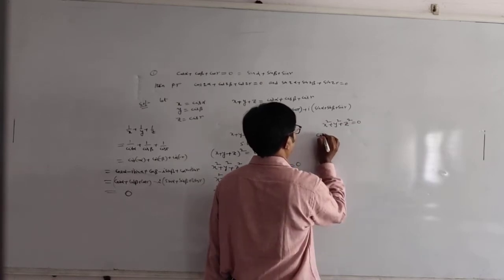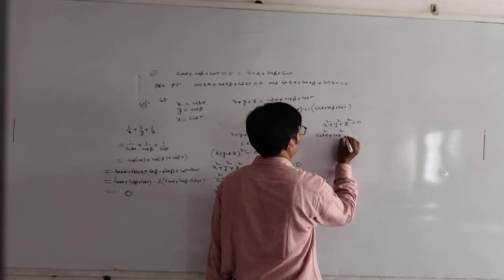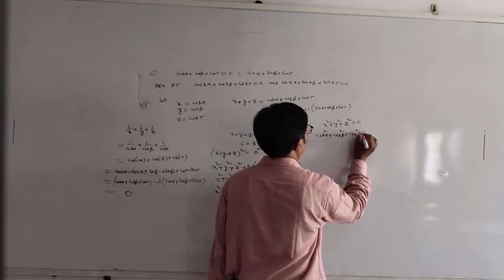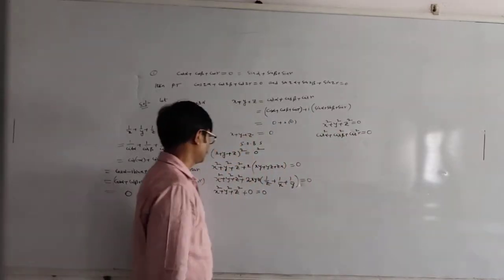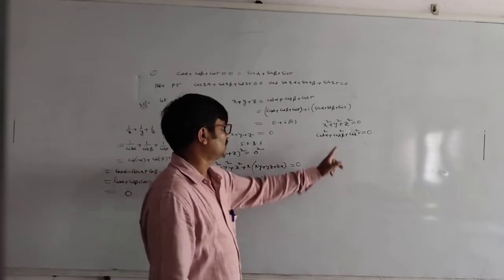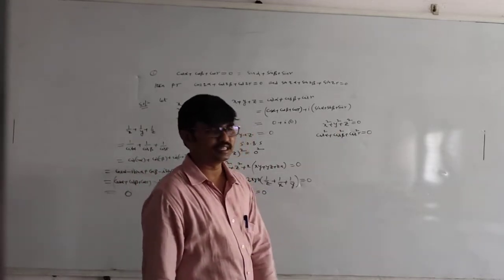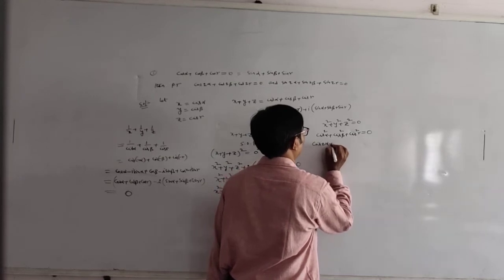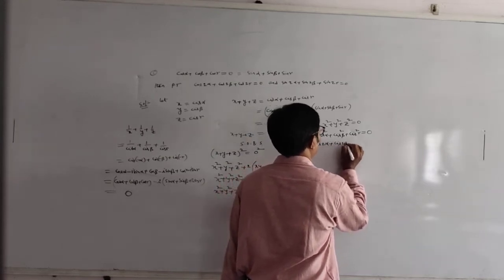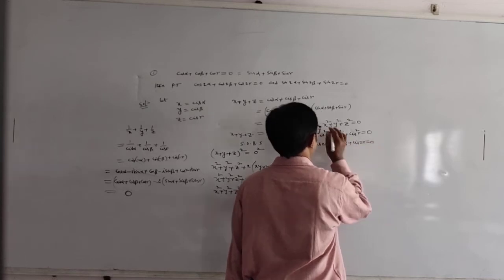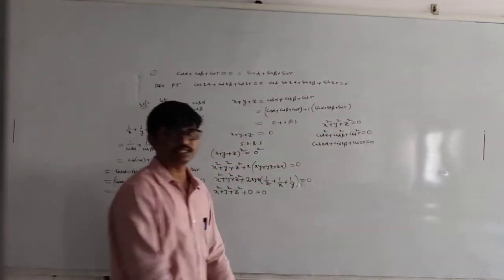x square is cis square alpha, cis square beta, cis square gamma. So x square is cis 2 alpha, cis 2 beta, cis 2 gamma.